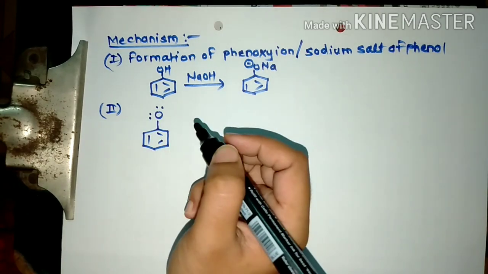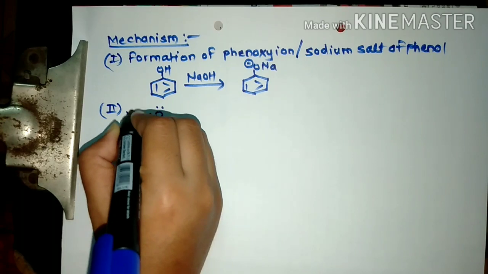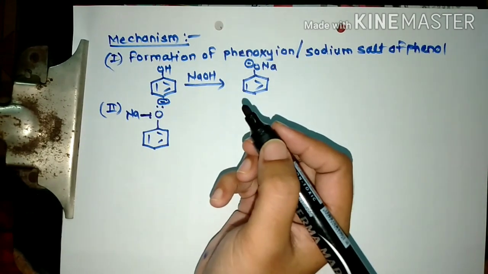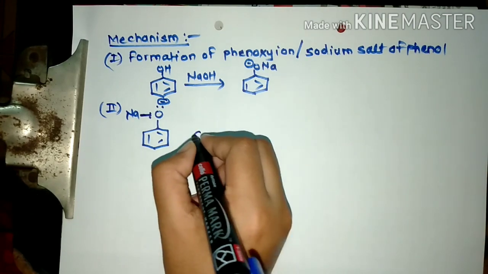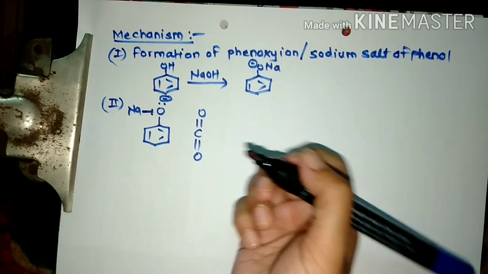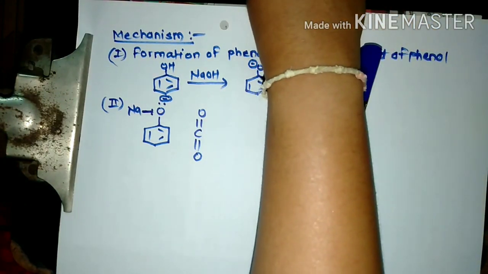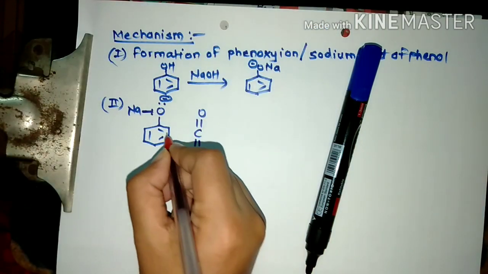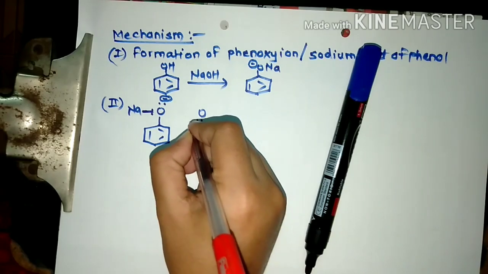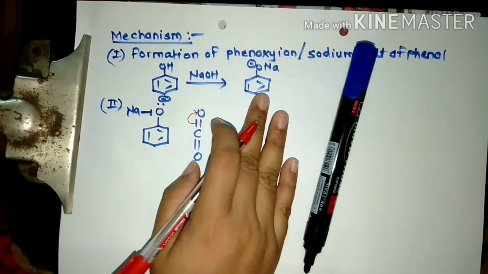Now we will show this phenoxy salt, that is with its sodium salt, minus charge, and your carbon dioxide. Now what will happen over here, this carbon dioxide will form first a carbocation by shifting this double bond.